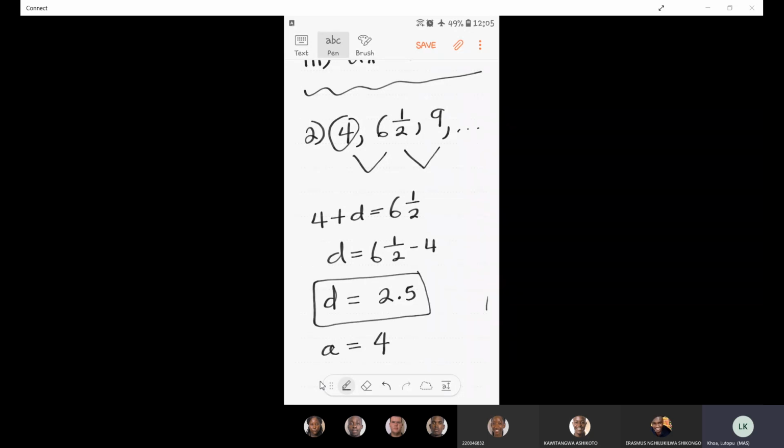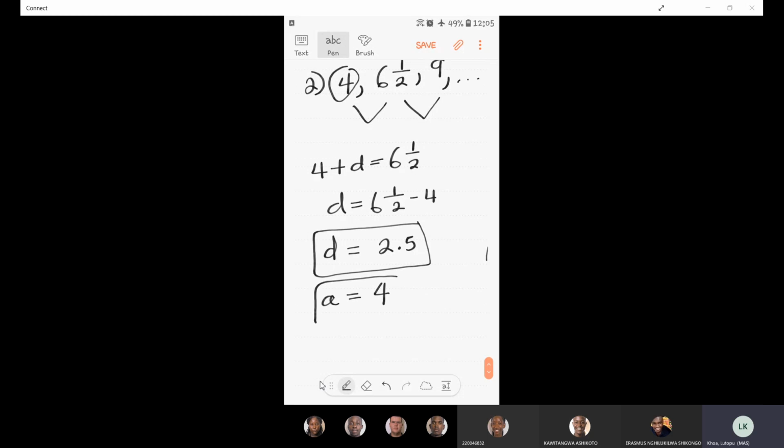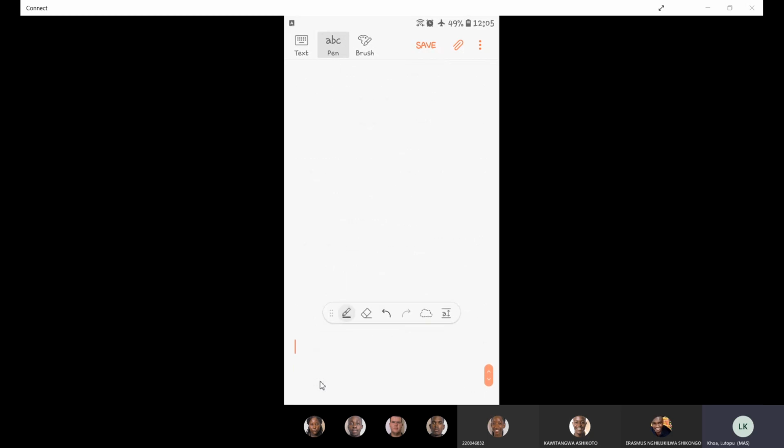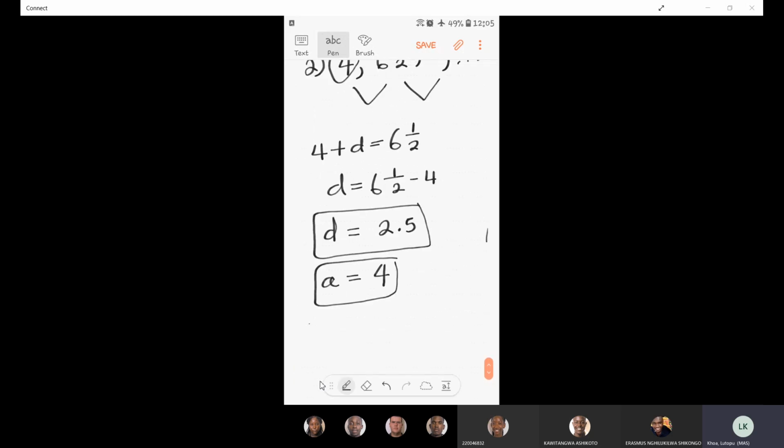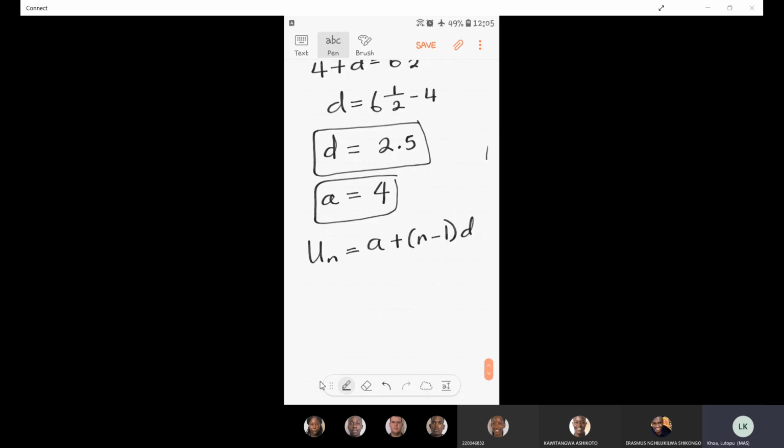I know the value of d, I know the value of a, so I just substitute. So I say un, this is equal to a plus n minus 1 times d. So this is equal to 4 plus n minus 1, and then d is 2.5.